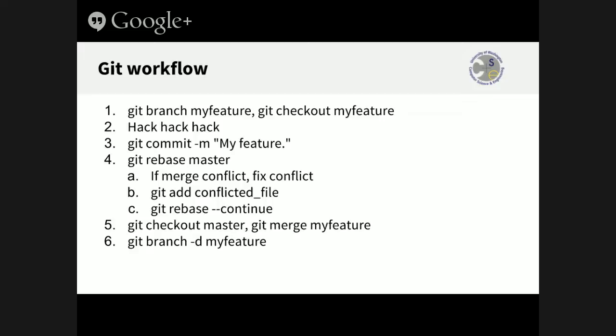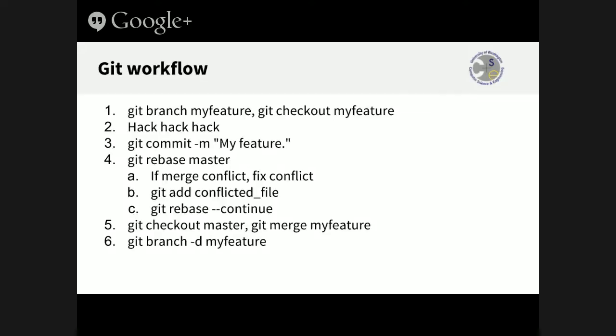And then after you make some commits, it's a good idea every once in a while to rebase on top of master and see what has happened. So actually what's missing from these slides is that before you rebase on top of master, you obviously need to update your master, which we haven't talked about yet. But basically, you need to go to master and then say git pull, then go back to your branch, and then rebase on top of it.